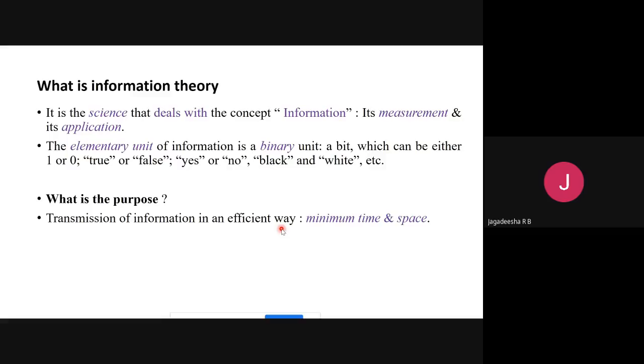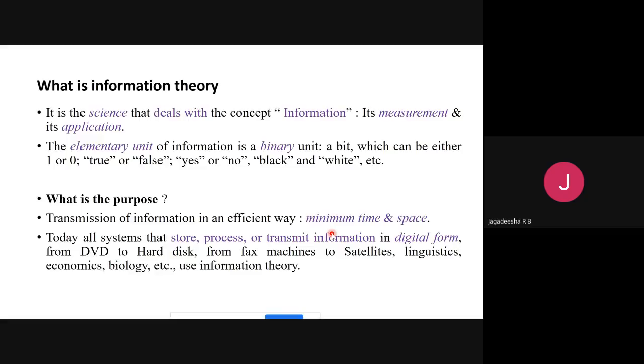In order to do that engineering, we need to understand some of the characteristics. To understand those characteristics, we need to measure that information. Then we can transmit, process or store that information with minimum time and minimum space.